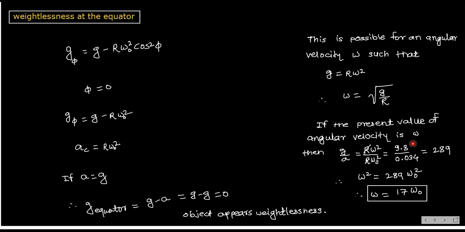This value we can see. If we substitute omega0 square and all these values, you get 289 as the ratio of omega square by omega0 square, and therefore omega square is equal to 289 times omega0 square. Taking the square root on both sides, omega is equal to 17 times omega0.